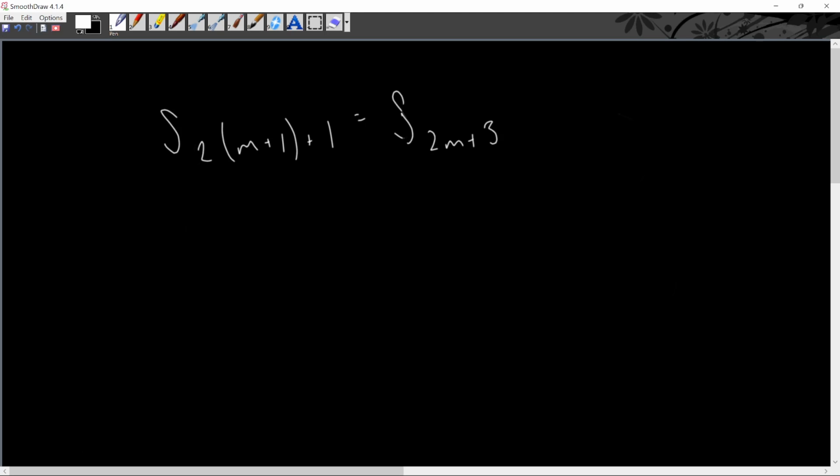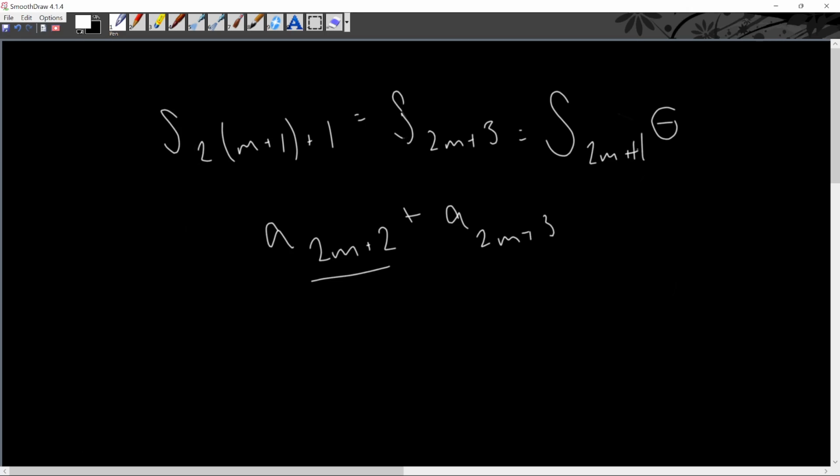And that should be equal to the sum up to 2m plus 1, right, minus a 2m plus 2 plus a 2m plus 3, right? Because you should be able to sum up every single value up to 2m plus 1 and then use the alternating values.